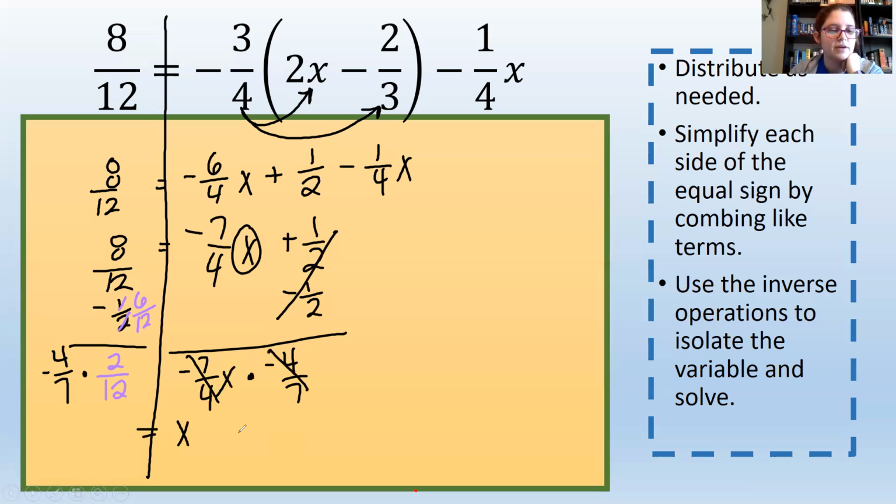I can simplify my 4 and my 12. 4 divided by 4 is 1. 12 divided by 4 is 3. 1 times 2 is 2. 7 times 3 is 21. And a negative times a positive is a negative. So I find that this problem equals -2/21. And that's how we simplify and solve multi-step equations where there is only a variable on one side of the equal sign.